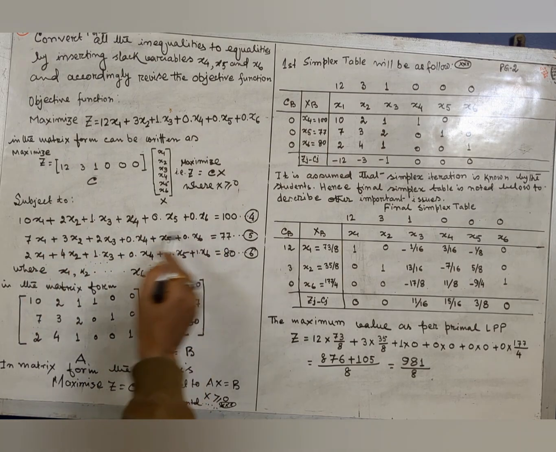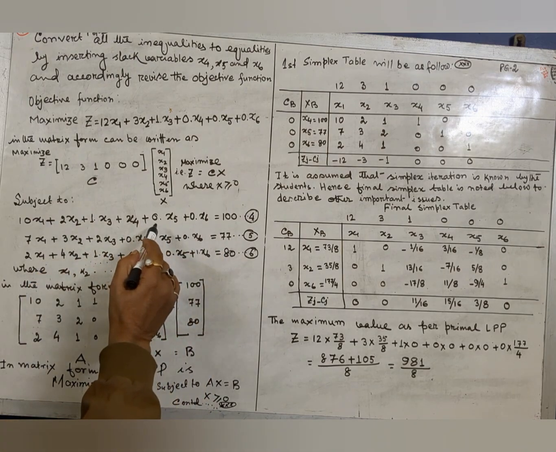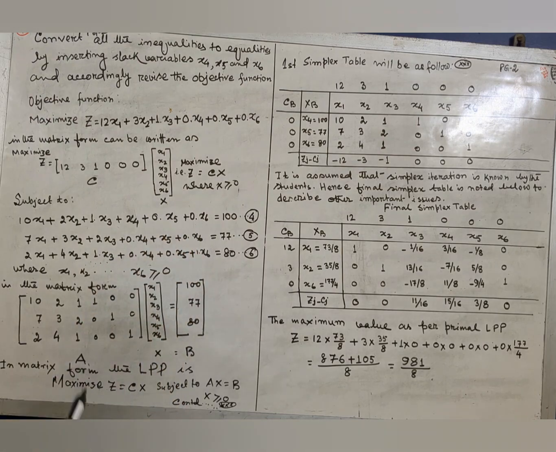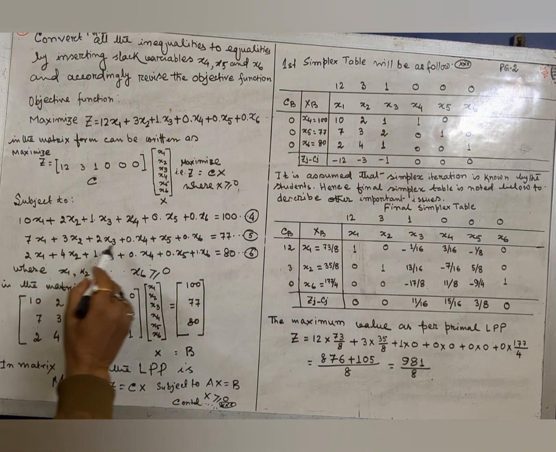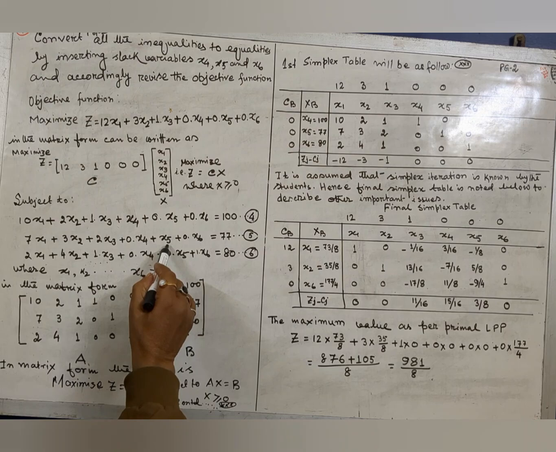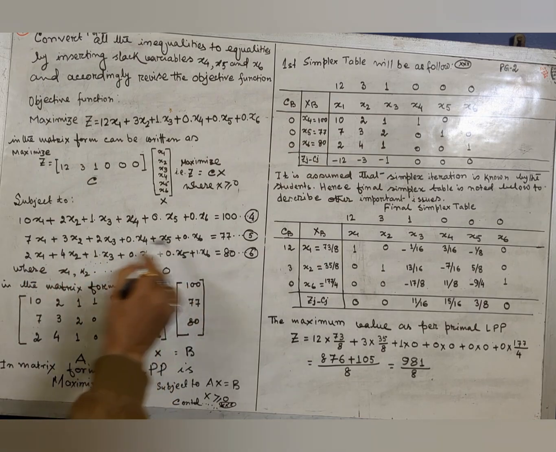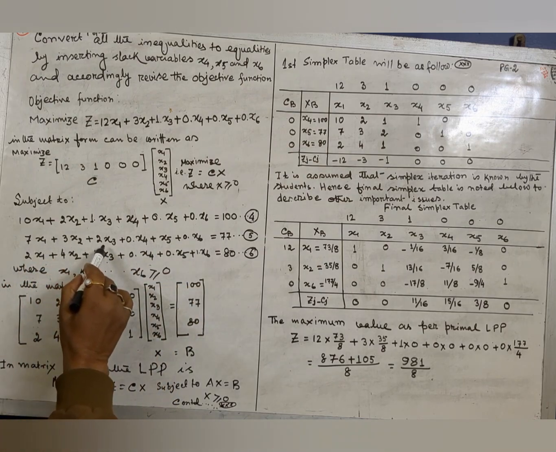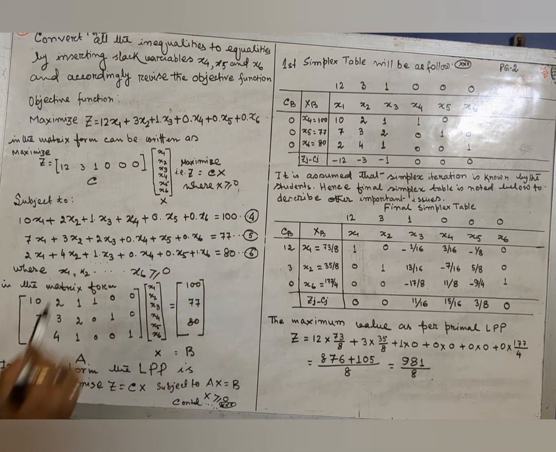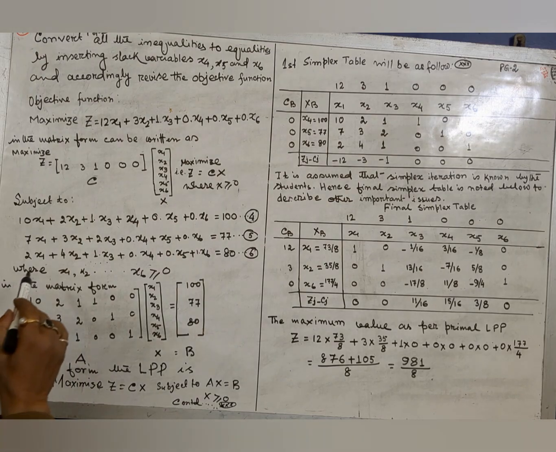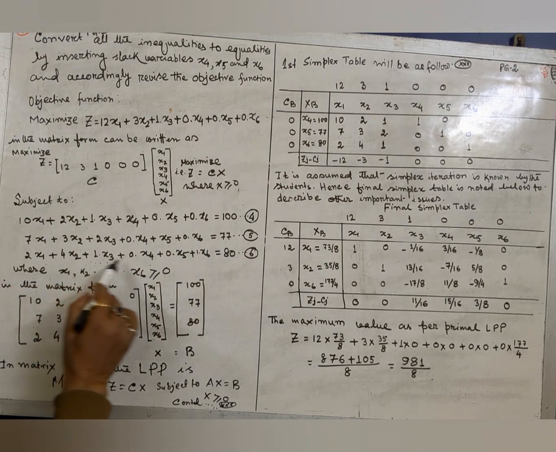To complete the matrix form, I have also shown here 0 into x5 plus 0 into x6. Similarly, the second equation, after inserting the slack variable x5, will be 7x1 plus 3x2 plus 2x3 plus x5 is equal to 77. And the third equation will be written in this form.